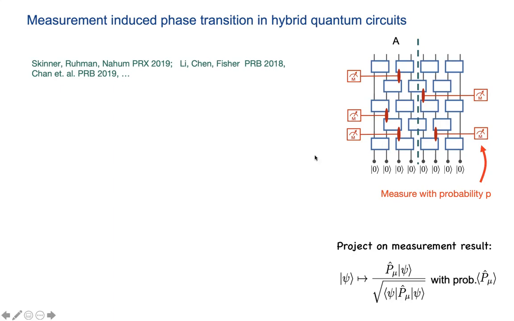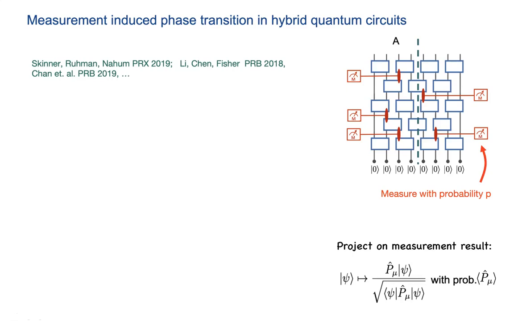In this example I draw single qubit measurements, where you have a measurement device, and according to the Born rule it collapses the wave function by projecting it into one of the eigenstates of the measurement operator and then renormalizing the state. So these are the two most fundamental evolutions of a quantum state.